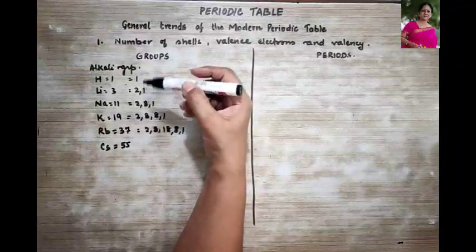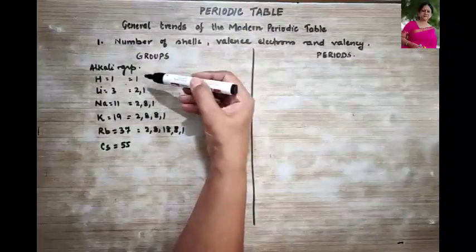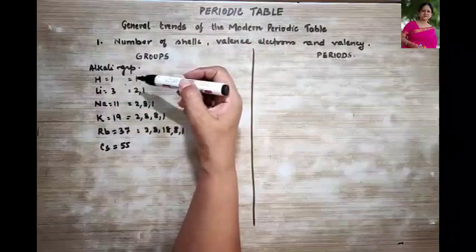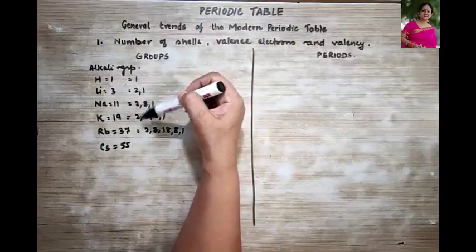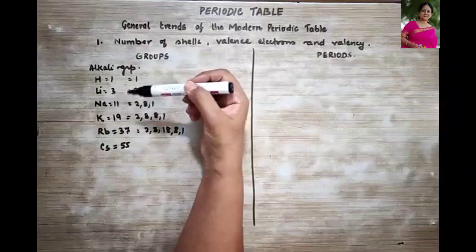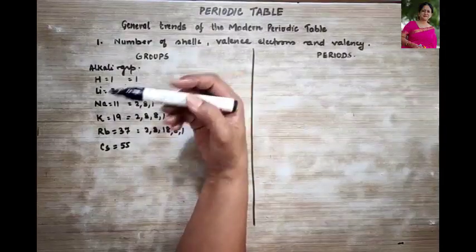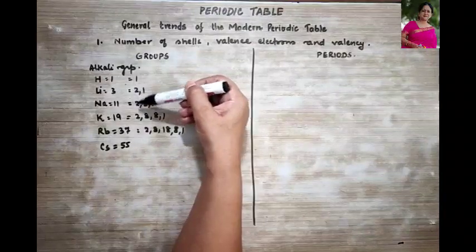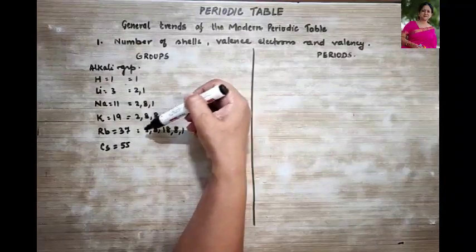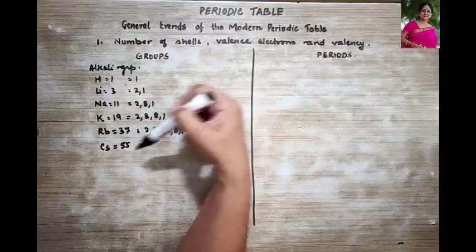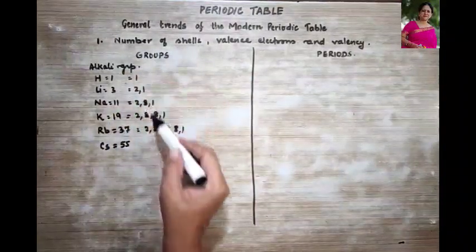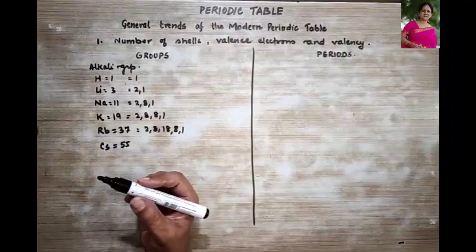As we go down the group, the number of shells increases by 1, or we may say it increases arithmetically: 1, 2, 3, 4, 5, and then cesium will have 6 shells.